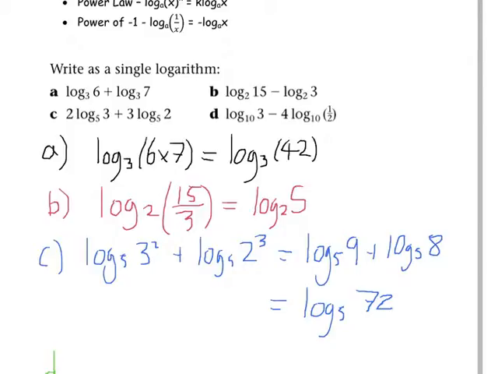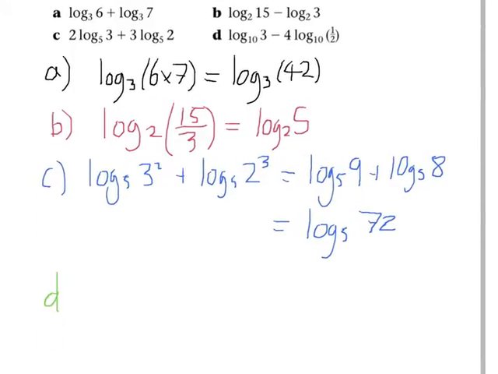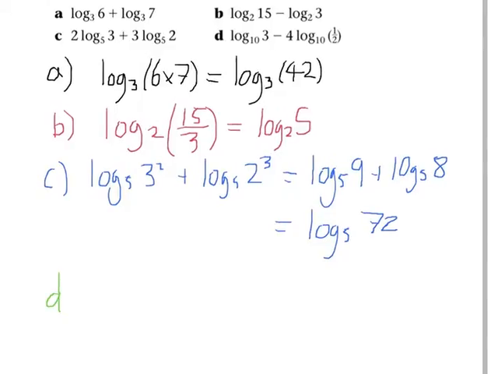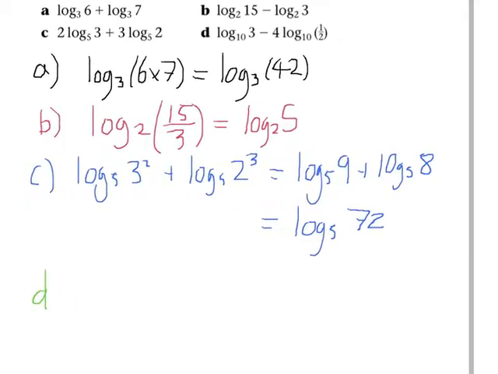So we can change this question a little bit. Let's have a go at looking firstly at the second part, the 4 log 10 of a half. So 4 log 10, well, it's minus, so let's put the minus there, of 1 over 2.